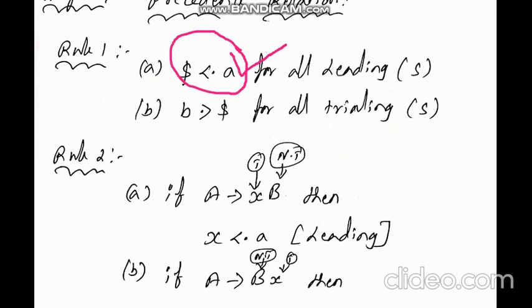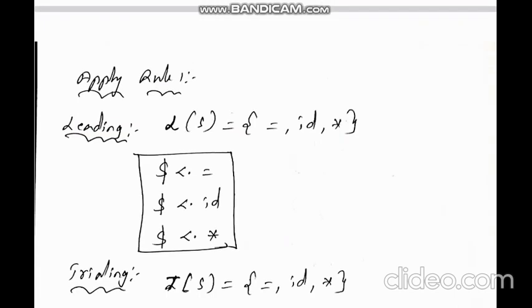This is the rule, so I am taking exactly the same part. So I have taken all the symbols here. You can see here leading of S is equal to, asterisk and id, right? So here this dollar will remain common, so dollar, leading symbol, equal to: first input has been matched.